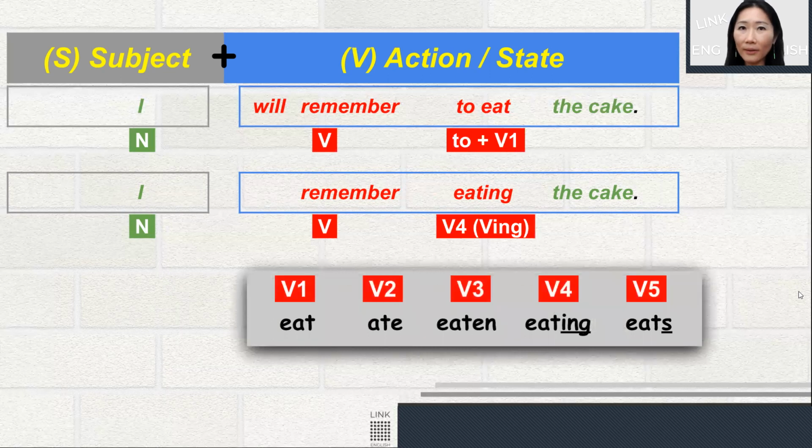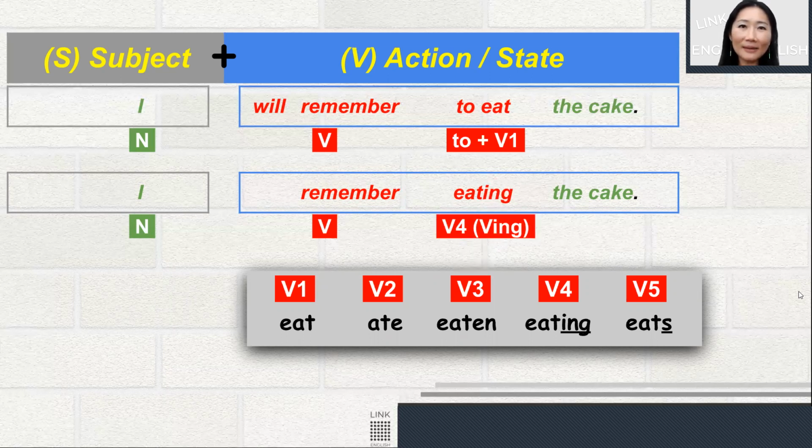Either to V1 or V4, but with very different meanings. To V1 means something next or in the future, remember? So I will remember to do the next thing in the future. So the cake is still there now.